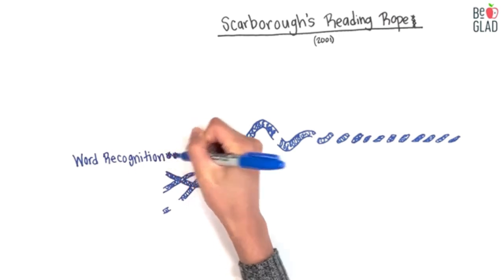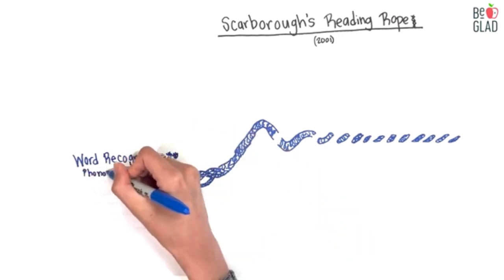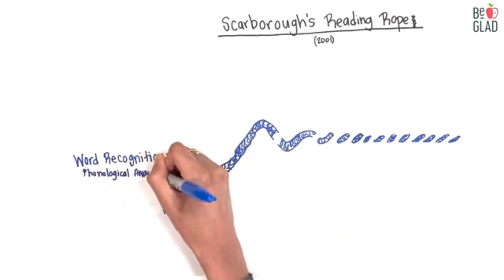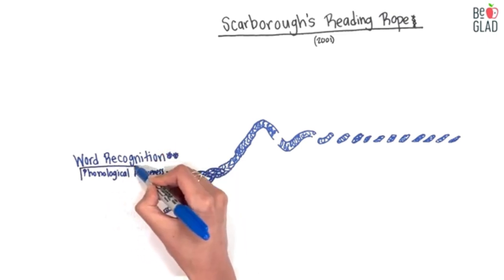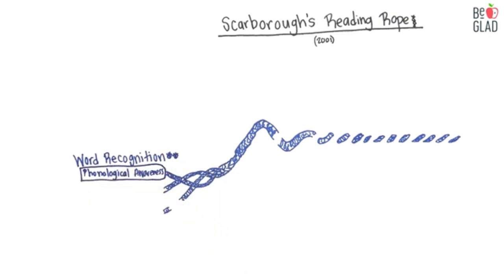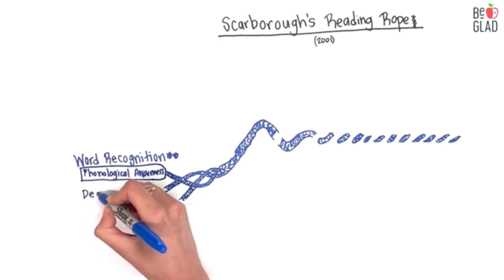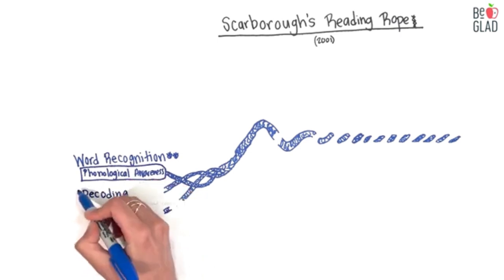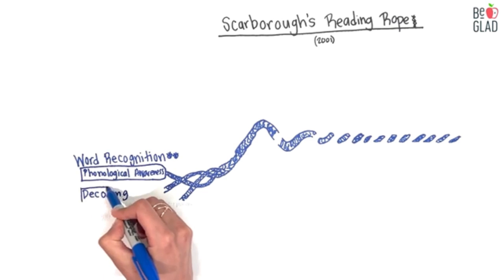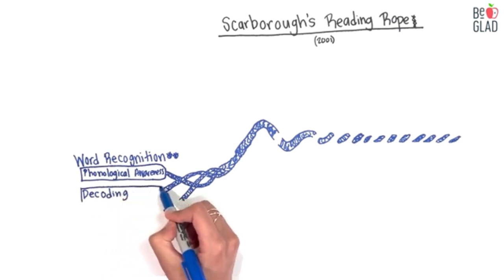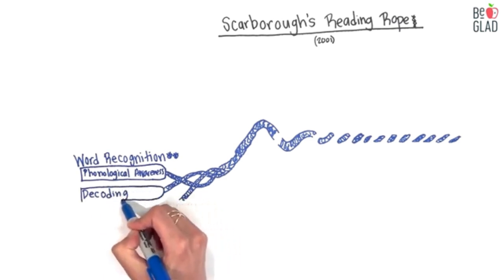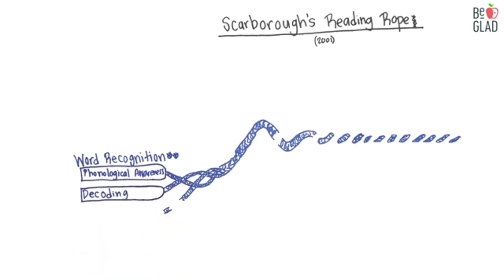The idea here is that we begin with teaching students phonological awareness, getting students to be able to hear that words are made up of sounds. From there, we focus on decoding skills, where students have the ability to break down words either into individual sounds or into chunks to be able to read or decode what a word says.